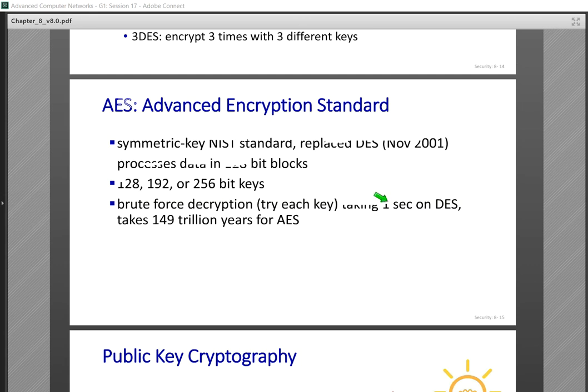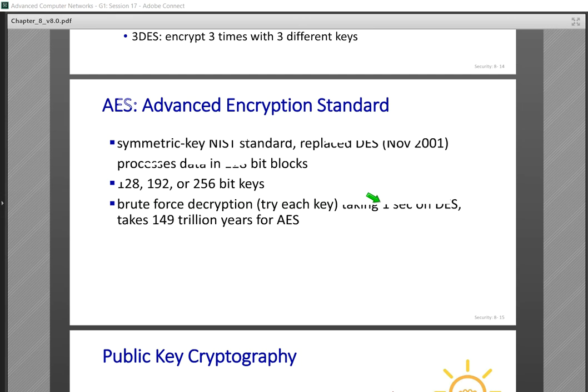To compare this strength, for example, let's suppose that I am decrypting the texts which are encrypted with this in 1 second.